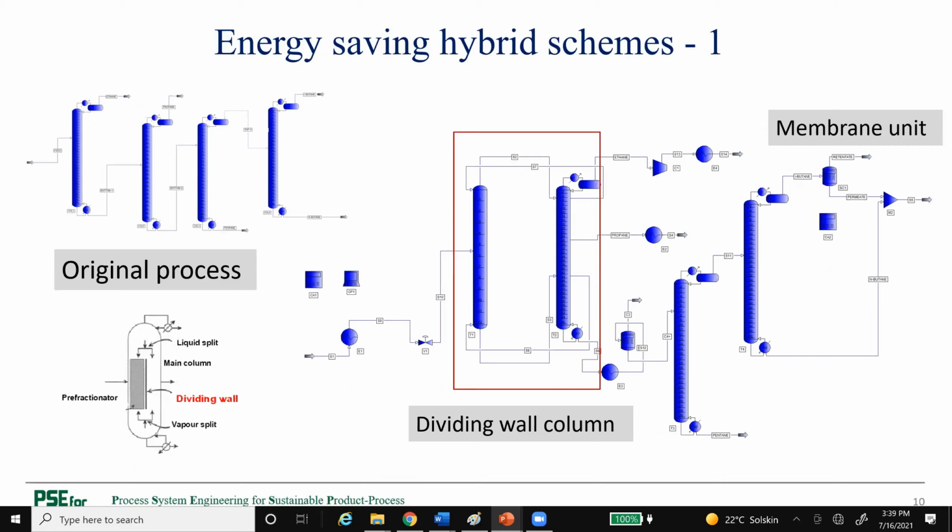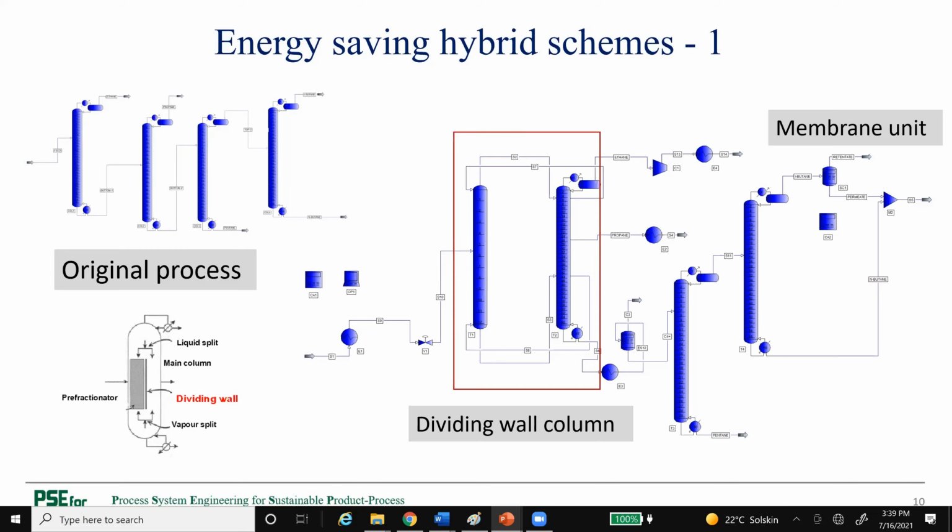In simulation, it looks like 2 columns, like in the Petlyuk column, but actually it is 1 column. And then we have the 2 other columns. And for the last column, we also put a membrane unit. And you will see why adding a membrane unit to the top product can help. So that's one combination that will definitely give a better solution than the one we had originally.